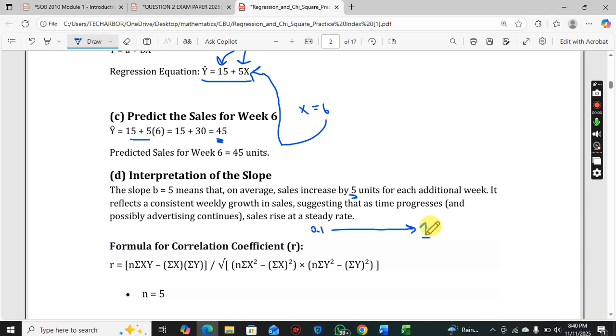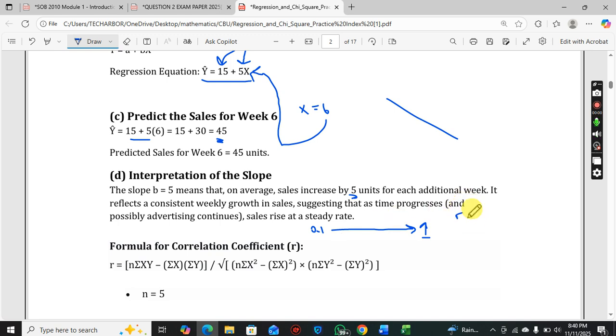If it's a positive correlation coefficient, it's because you've got a positive relationship, like in this case. If it's a negative correlation coefficient, it's because you've got a negative relationship, meaning your line is going down. So the closer you get to 1, the stronger the relationship. The closer you get to 0, the weaker the relationship.